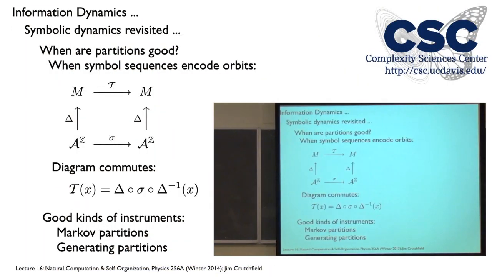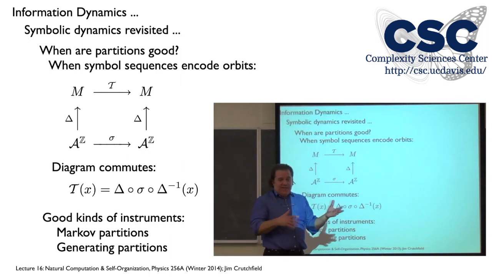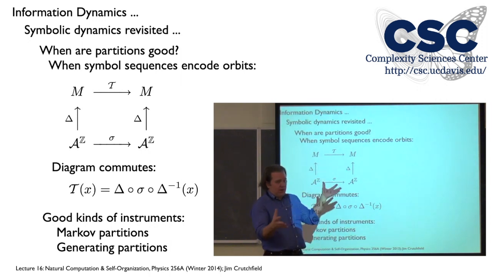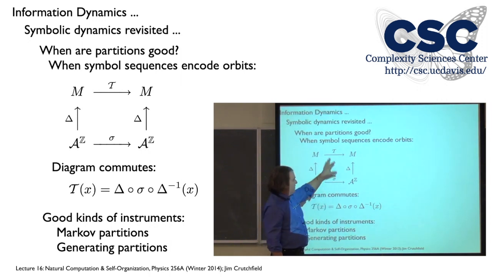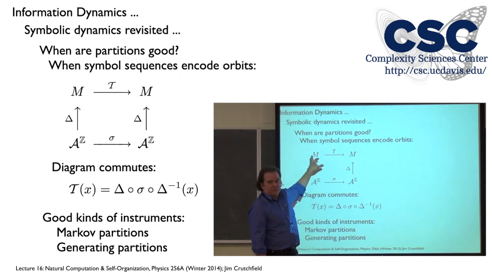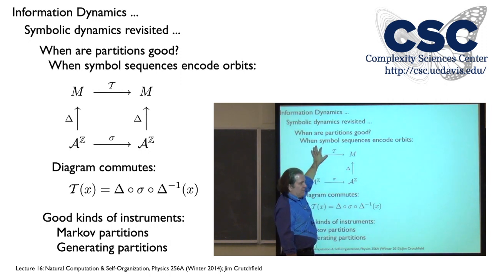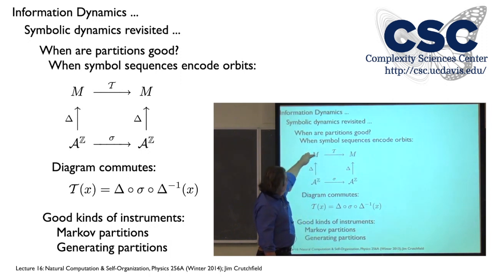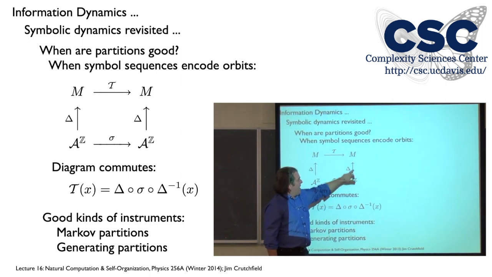So again, just a quick refresher. Remember what we were doing: anytime we have a discrete resolution or precision instrument, we're coarse graining the state space somehow. If it's a good instrument, then we go from the dynamical system itself, state space mapped to itself under a discrete time map or a flow in a differential equation, through the measuring instrument down to the space of symbol sequences, trivially shift in time, and then map that back.